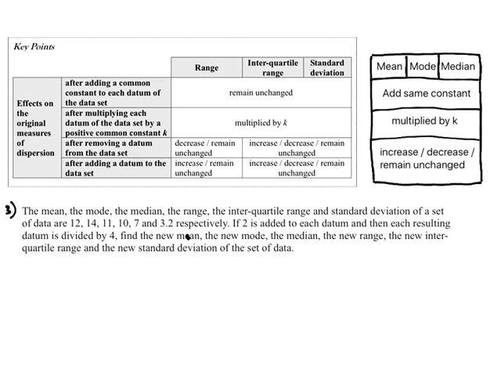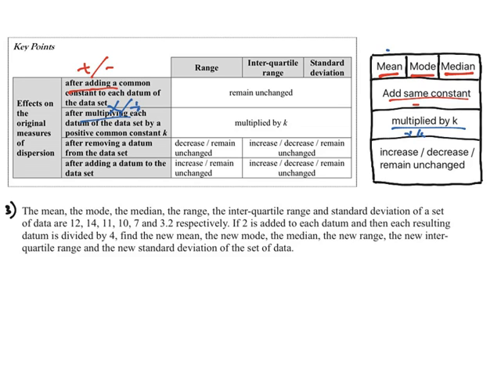Okay, let's do a conclusion. You can see the mean, mode, and median. If we add or minus the data, it will add or minus the constant, and if we multiply or divide the data, it will also multiply or divide by k.